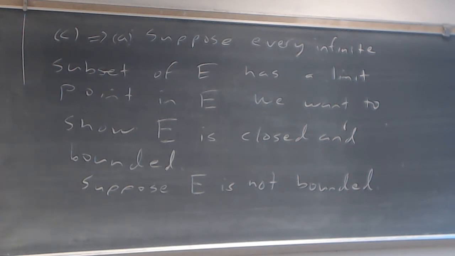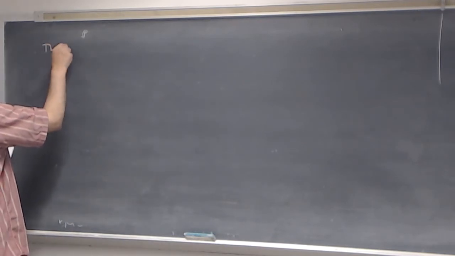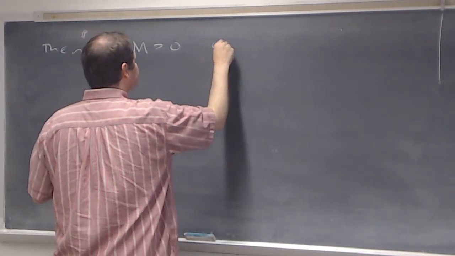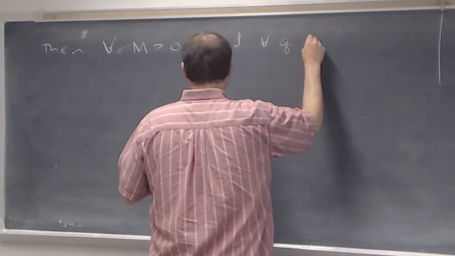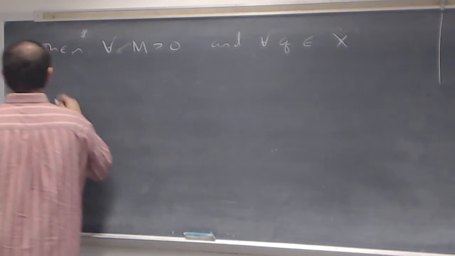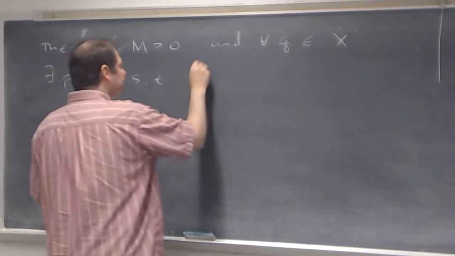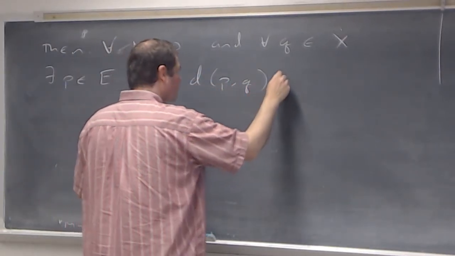So let's write down what that means. For every M greater than 0 and for every Q in the space, there exists a P in E such that the distance between P and Q will be greater than M.